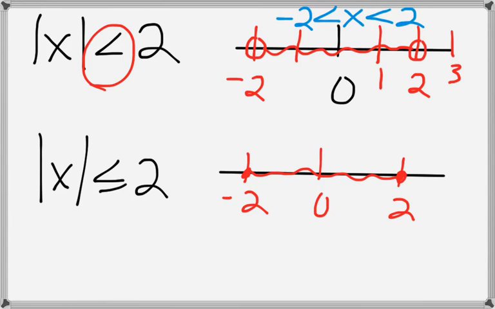And similarly, the one at the bottom says that x is between -2 and 2, or it could be equal to one of those numbers. So this is how we're going to set up our absolute value inequalities where it's a less than or a less than or equal to. It basically turns into an and inequality. This one down here is saying -2 is less than or equal to x and x is less than or equal to 2.